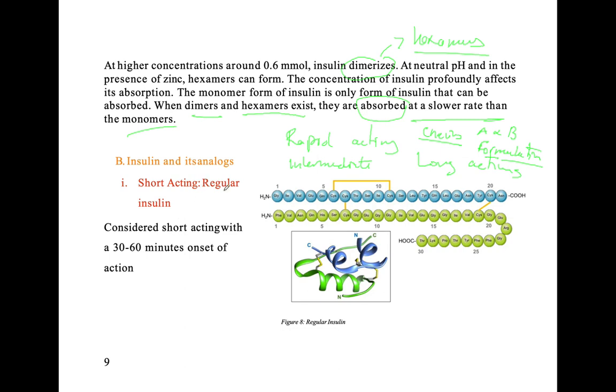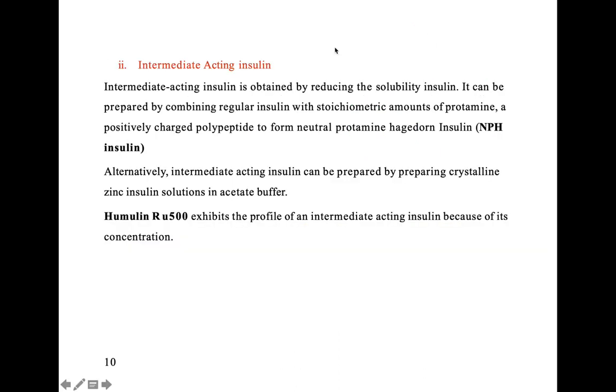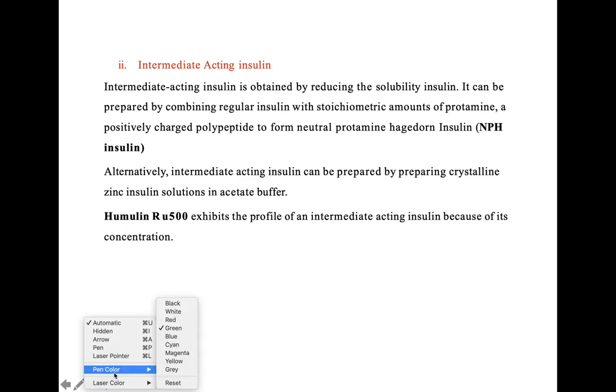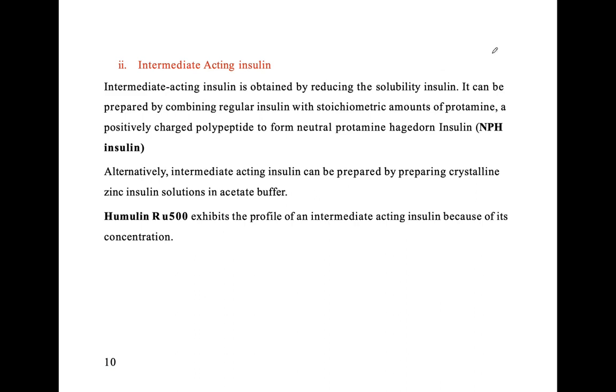The first analog that we look at is regular insulin. Regular insulin is considered short-acting. It has a 30 to 60 minutes onset of action. So that's the regular insulin, short-acting. Then you have intermediate-acting insulin. In this case, we will deal with NPH and Humulin R500.